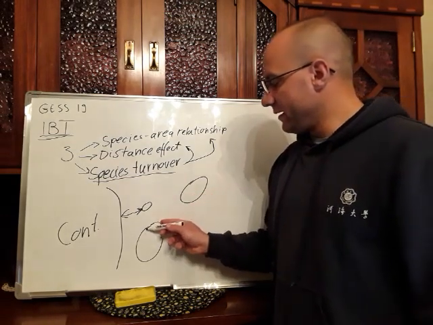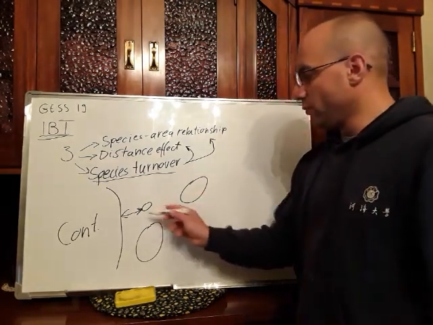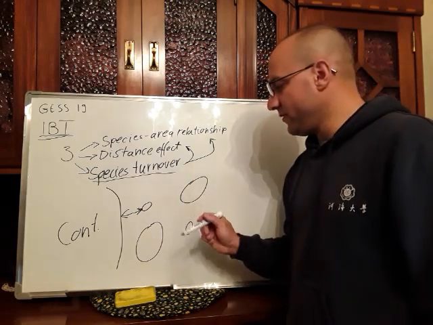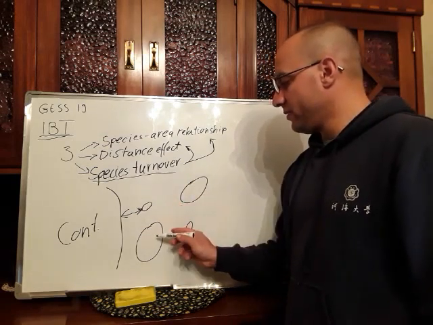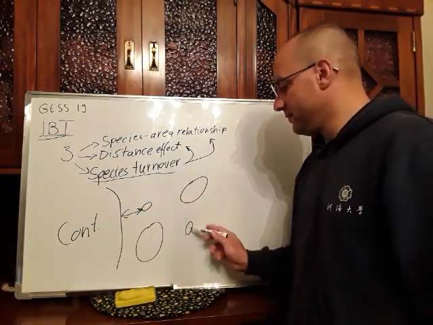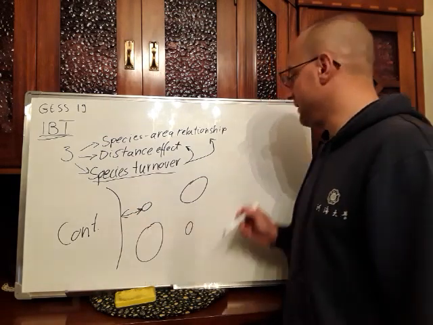So we were saying that this whole relationship would have, like in this case, four differences: small and close, large and close, large and distant, and small and distant islands.